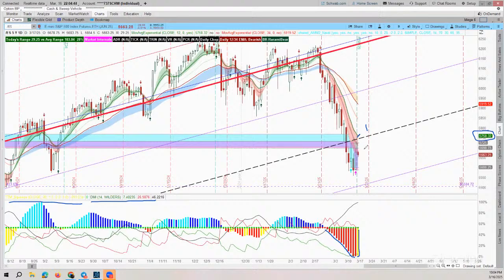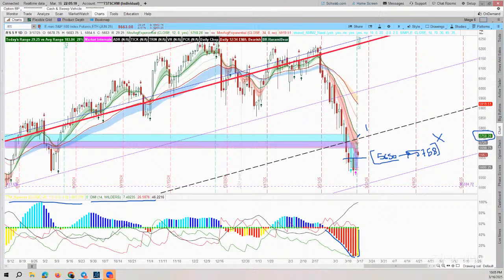So any dip which comes around this area, which is 56.50, I would take a long and I would go for 57.58. That is my target. Anything below 56.50, I am not interested in longs. So my range is 56.50 to 57.58.